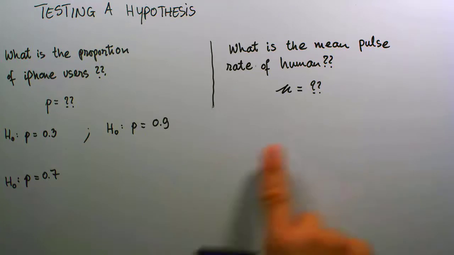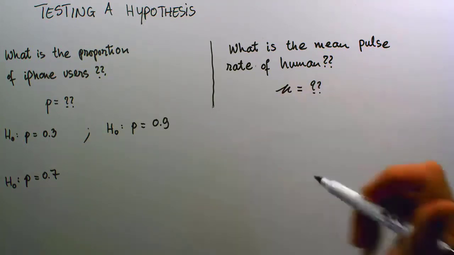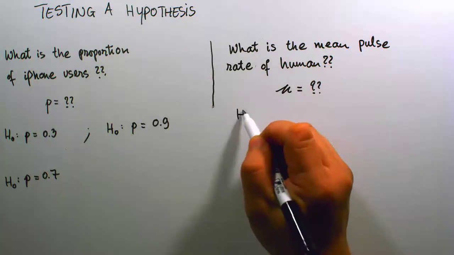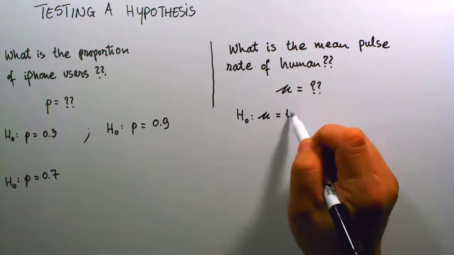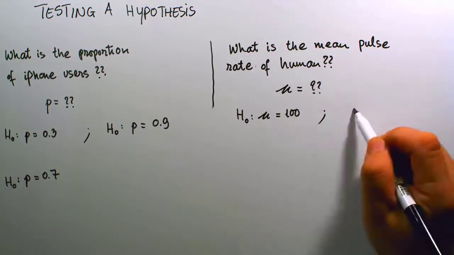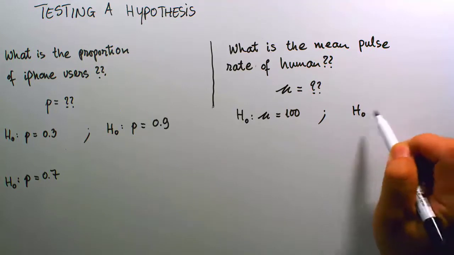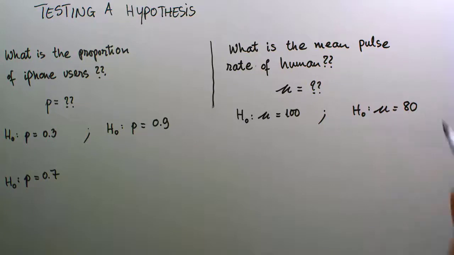Then for the other question about the mean value of the human pulse rate, we had a hypothesis saying that mu equals 100. We also had a different hypothesis, or H sub 0, stating that mu equals 80 BPM.